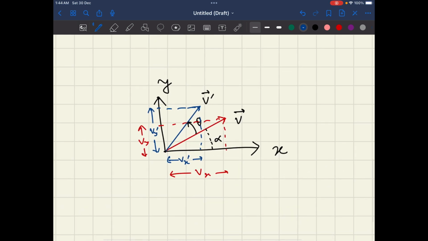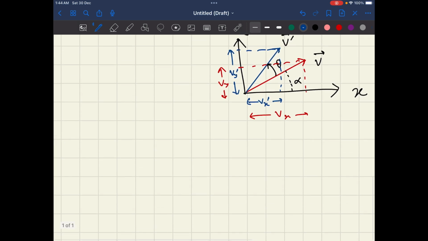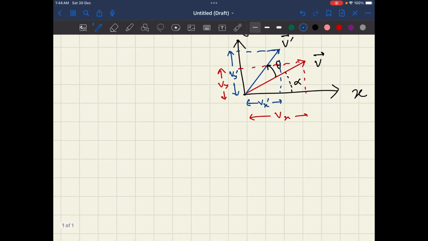Now Vx is written as V cos alpha. Similarly, Vy is V sin alpha.